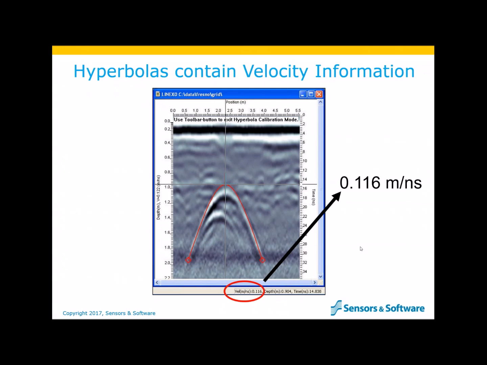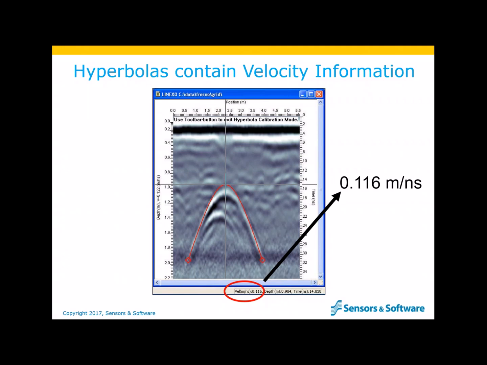Now, when I say that we have used the hyperbola to calibrate for velocity, what specifically have we measured the velocity of? We've not measured the velocity of the object. Some will say that we have measured the velocity of the soil around the object. This is true, but not exactly true.